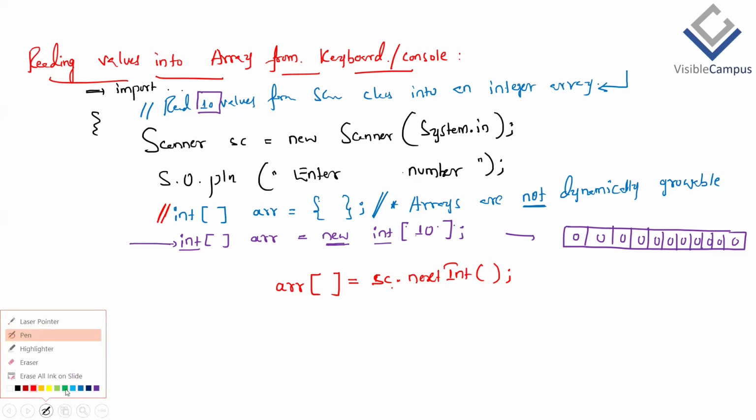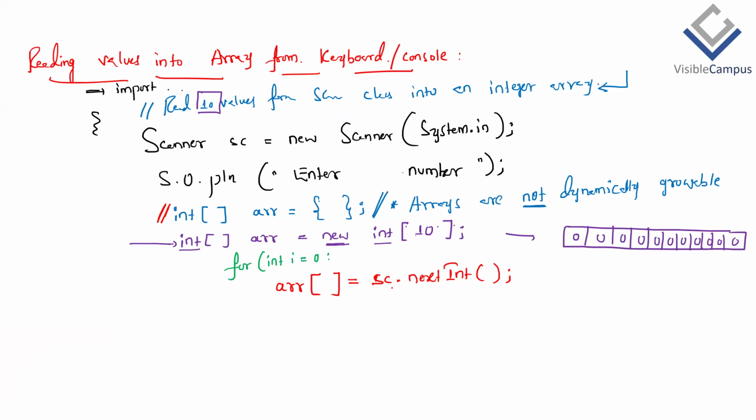Since we have to add to this array 10 times, writing 10 lines of code is not recommended. So I'll use a loop which generates values from the 0th index position, with i less than or equal to 9 only, because 0 to 9 is 10. Correct or not? Otherwise, we can use arr.length minus 1 here also. Both are correct.